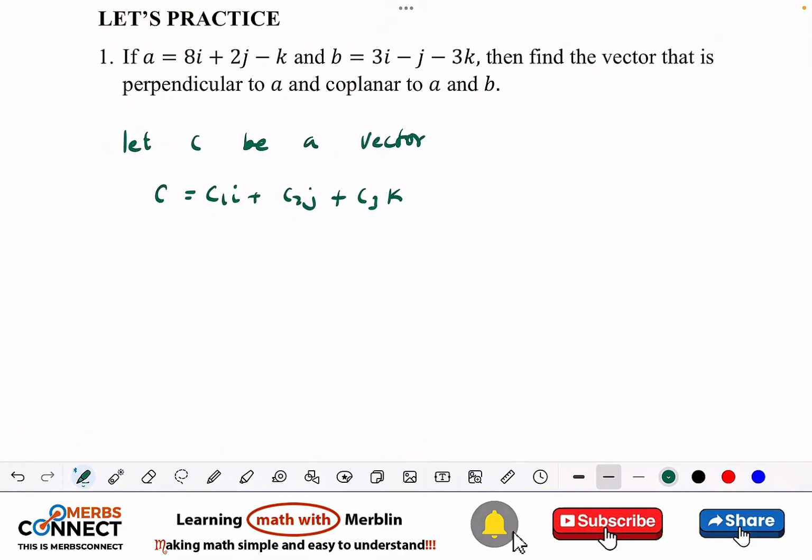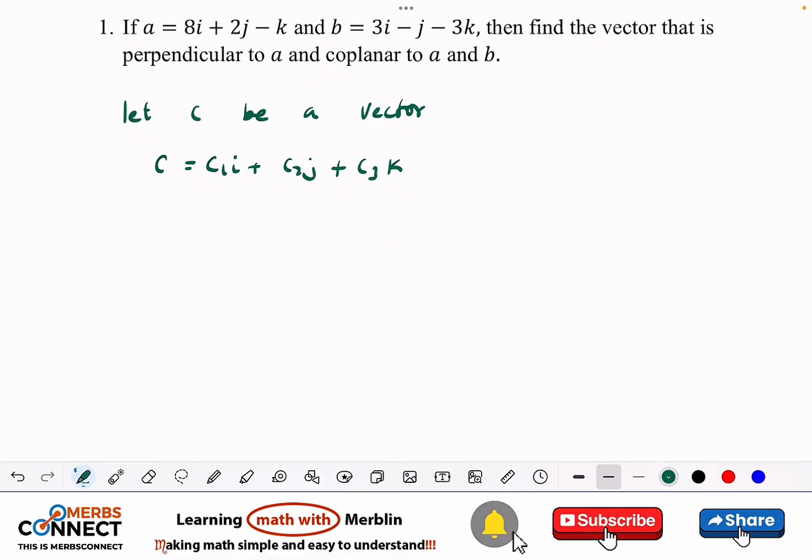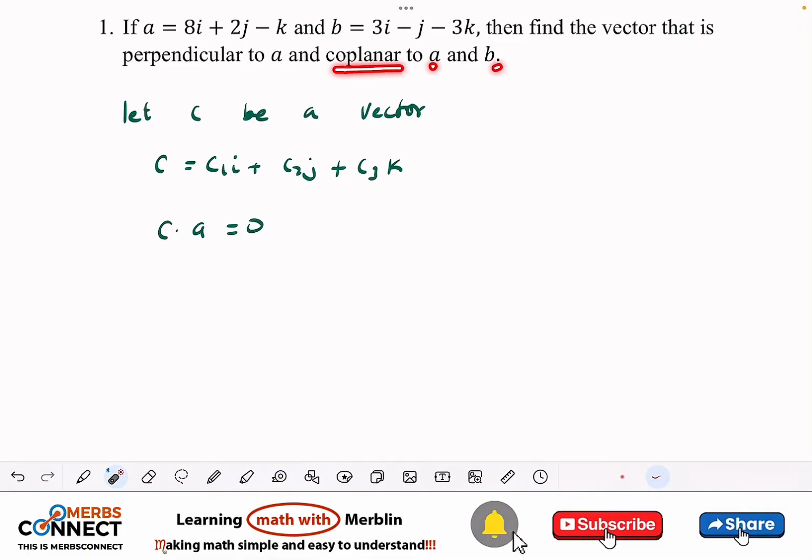Is that right? Then the first condition is that the vector C is perpendicular to A. And we know that if something is perpendicular, then when I dot them, I should be getting 0. And that vector is again coplanar to A and B. So here I need to define a scalar, right?